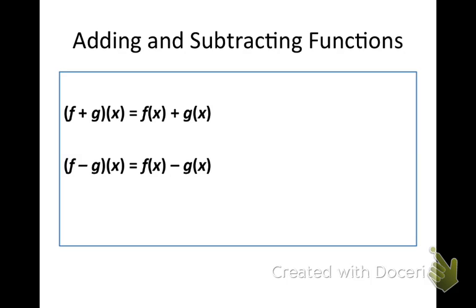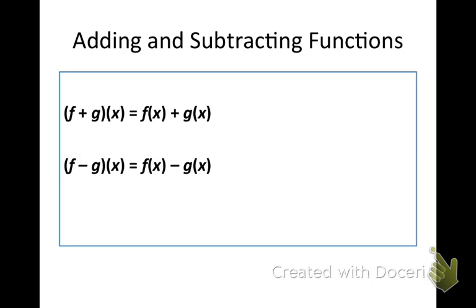So if you see f plus g inside the first set of parentheses, that means I want to find the function f plus g for x. And all that means is we are going to add function f and add function g to it. Which you already know how to add polynomials because you did that in section 2. So it really shouldn't be that complicated. It's just now we're turning it into function notation.